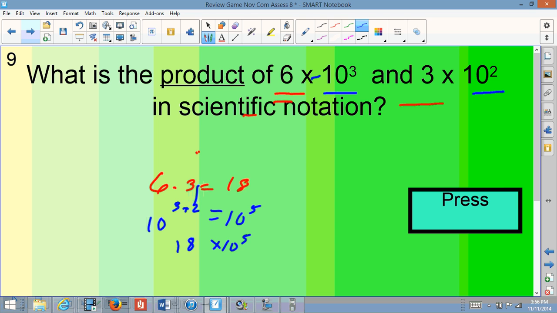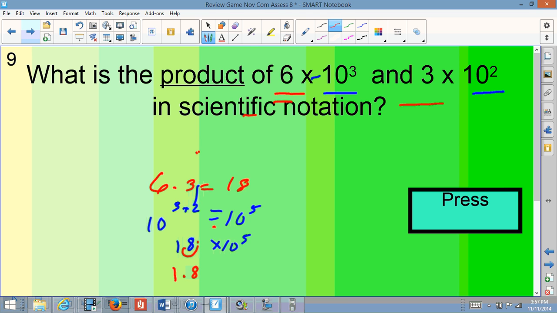But remember, it's got to be in scientific notation, and scientific notation means the first number has got to be between 1 and 10. So I'm going to make that 1.8 by moving the decimal one spot to the left, which lowers that value by 10.